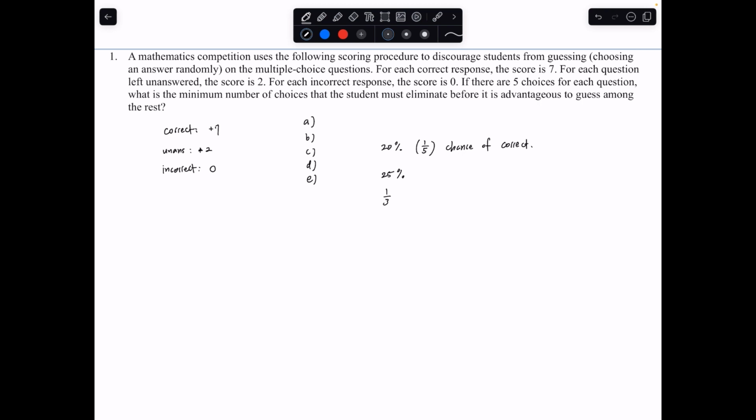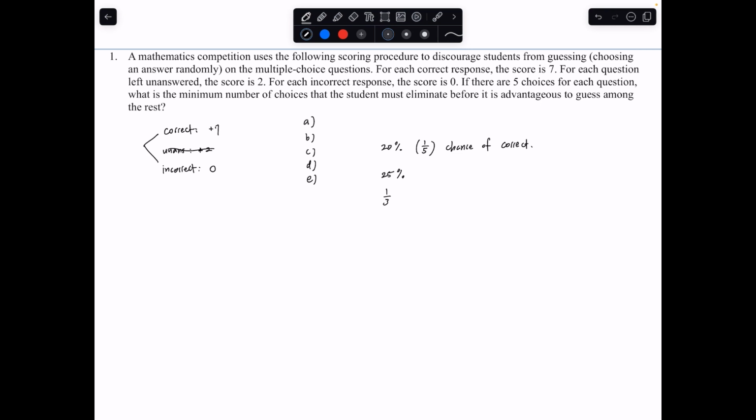Specifically we're supposed to find the expected value of guessing, and it should be greater than 2, because we would want to get a higher score by guessing rather than just leaving it blank. So first let's get rid of this unanswered option because we're just going to guess, and so we're left with 2 outcomes here.